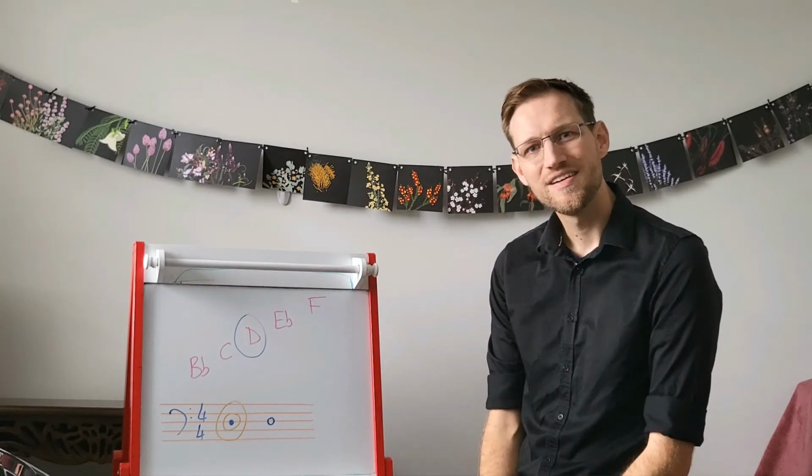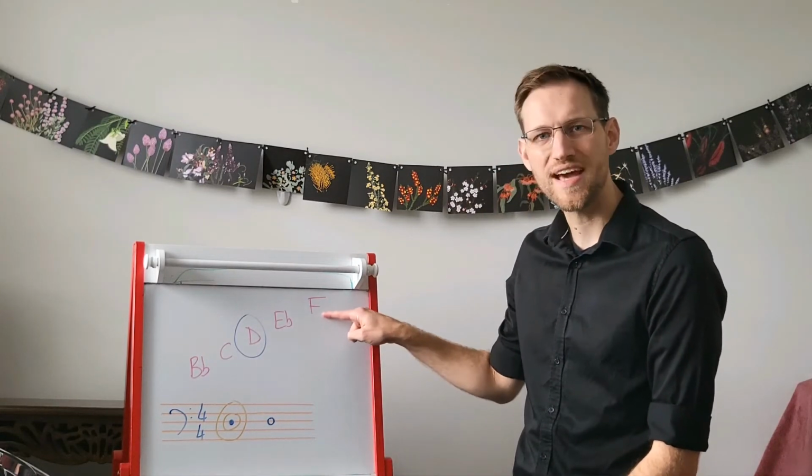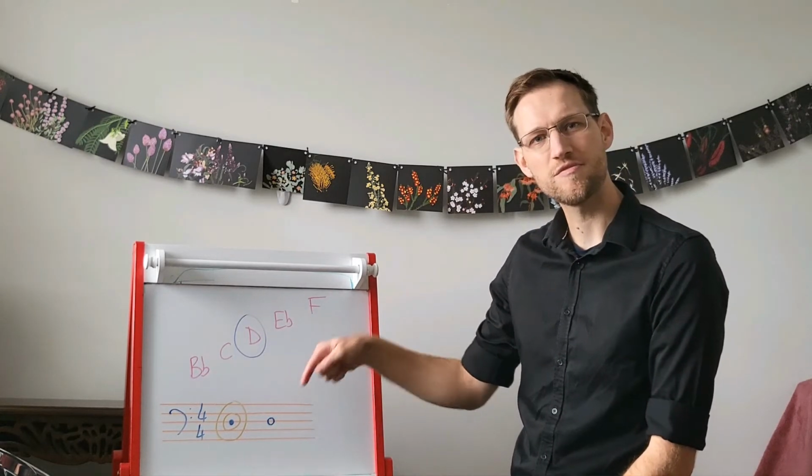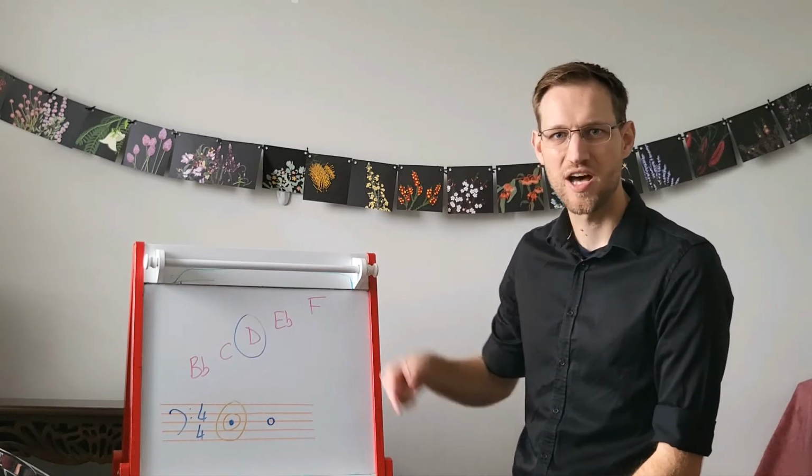The trick is, as you go forwards in the alphabet or backwards, on our stave, it always goes space, line, space, line, space, line.